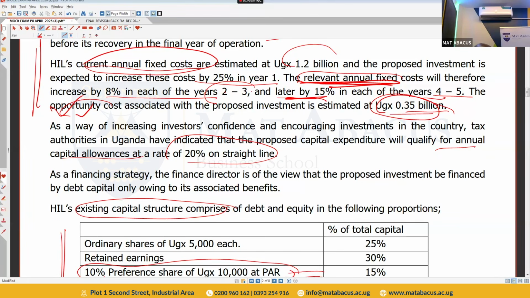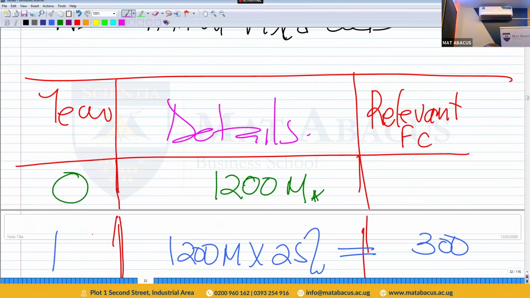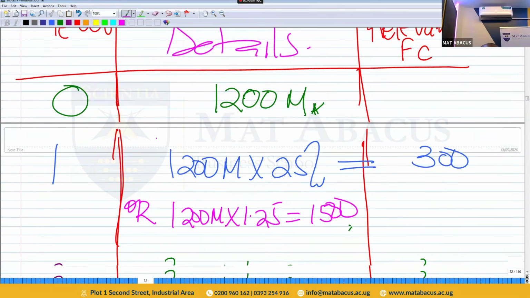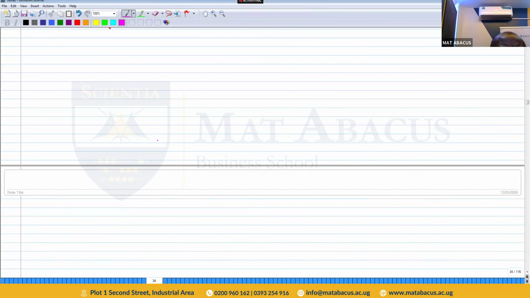So we need to do capital allowances. So it is working number 6. These workings, you get marks. So you come and write here, working 6.